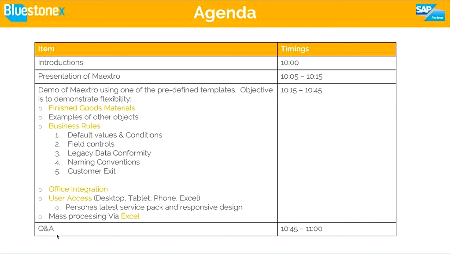We're going to run through capabilities of the product, including some of the business rules. We'll talk about Office integrations such as Excel, email, and calendar. And then lastly, we'll talk about how users can access the tool, and also one of the new bits of functionality, which is mass processing via Excel spreadsheets.